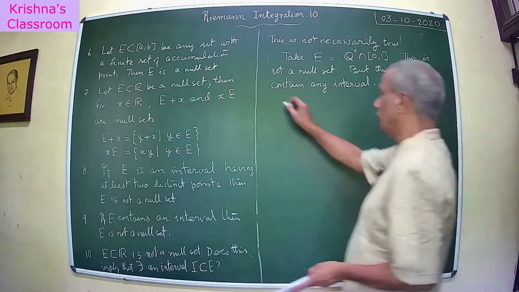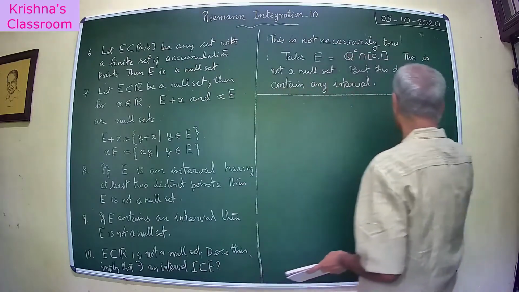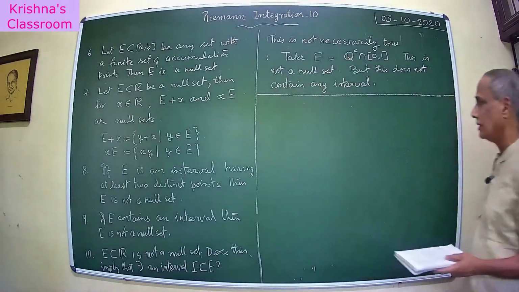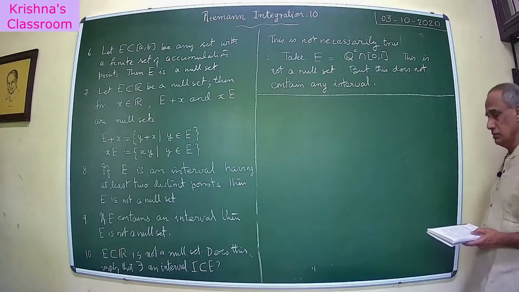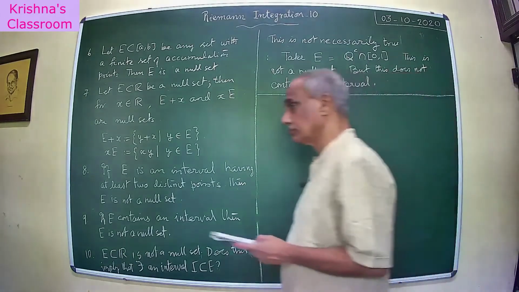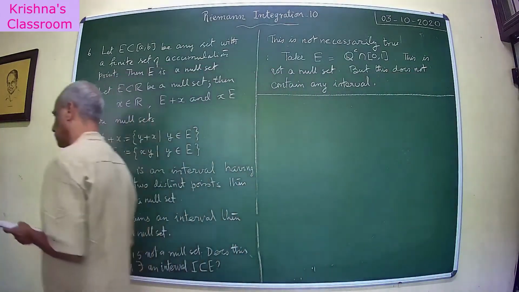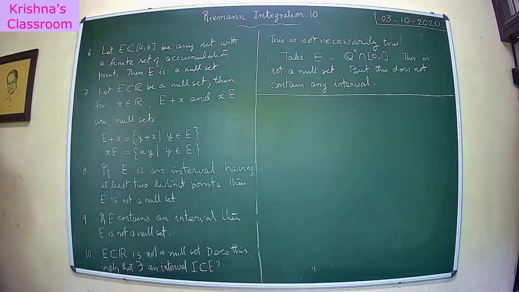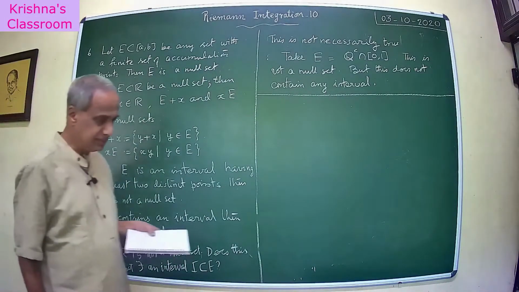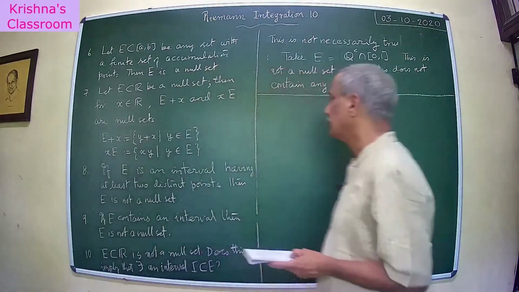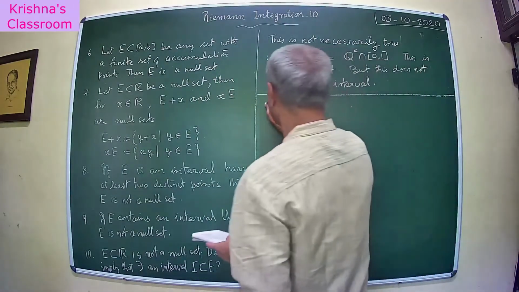So now we have a better understanding of what null sets are. Now what we are going to explore is the converse of the theorem that we have proved. Namely, let me put it as a question.